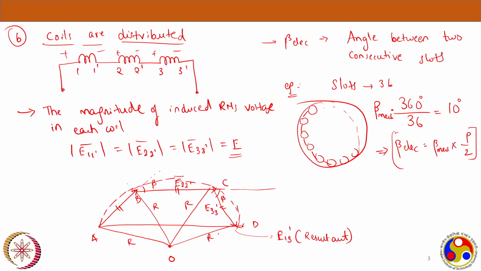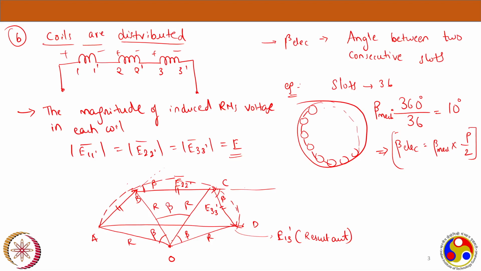Okay. Now this particular beta here, this is beta, and radius is equal. All the radiuses are of same size. Then, according to mathematical property, this angle will also be beta. Now all the angles you can see between all the radii will be equal to beta. This is beta, and this will also be beta angle. Okay. Now let's start calculating the resultant.